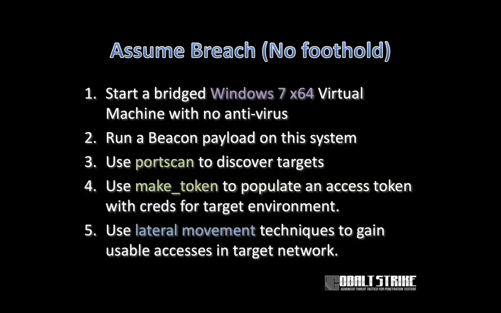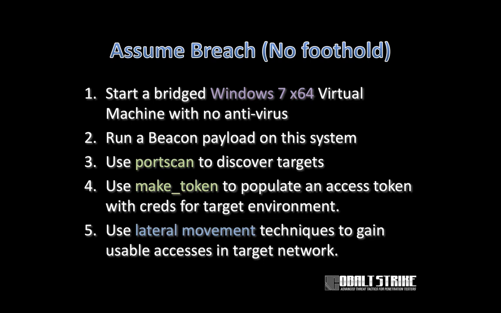One situation I do occasionally get questions about is a starting situation that resembles more of a traditional penetration test. And that's a situation where the assessor or end user of Cobalt Strike is on site in the customer's network, plugged in, and they might have credentials, but they don't have a foothold to start using Cobalt Strike with.